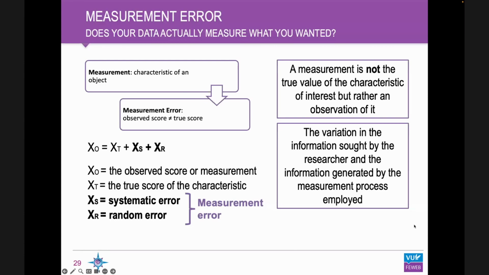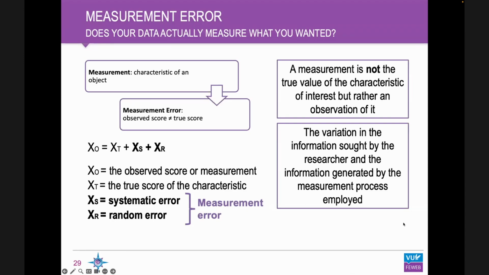This would be a random error. But there might be a case that while preparing the questions, there was a bad formulation of the question, and everyone actually understood something different from that question and answered in a particular way. In this case, there is a systematic problem, and this would be a systematic error. I wouldn't be able to measure what I'm really after, so there would be a difference between the true value and what I observe.